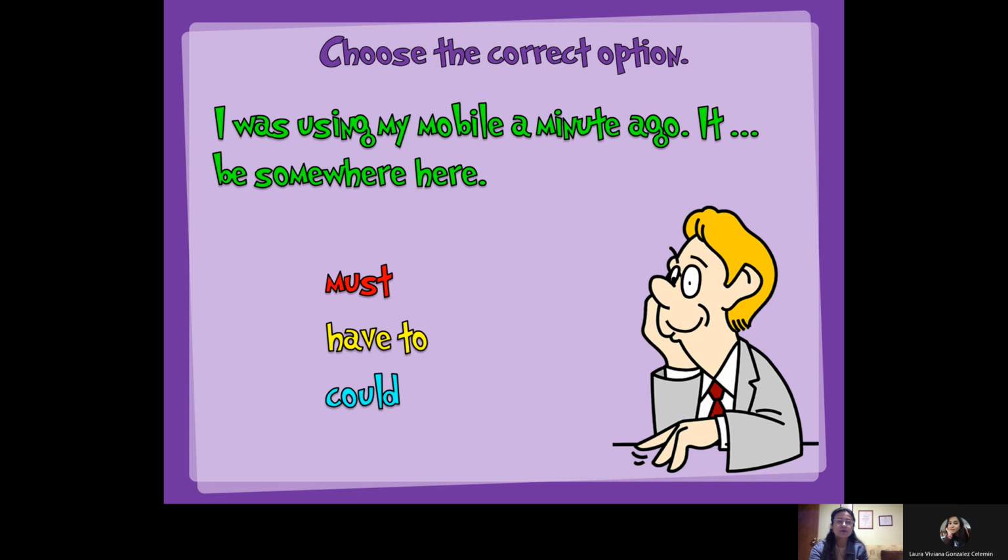Number 14. I was using my mobile phone a minute ago. It must, it have to, or it could be somewhere here. I was using my mobile phone a minute ago.